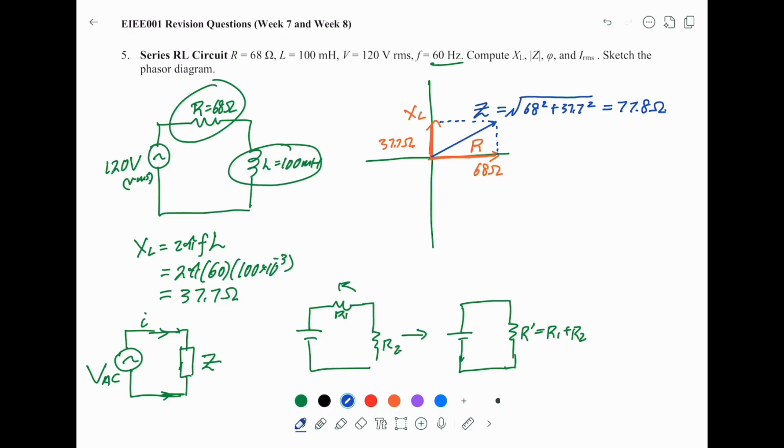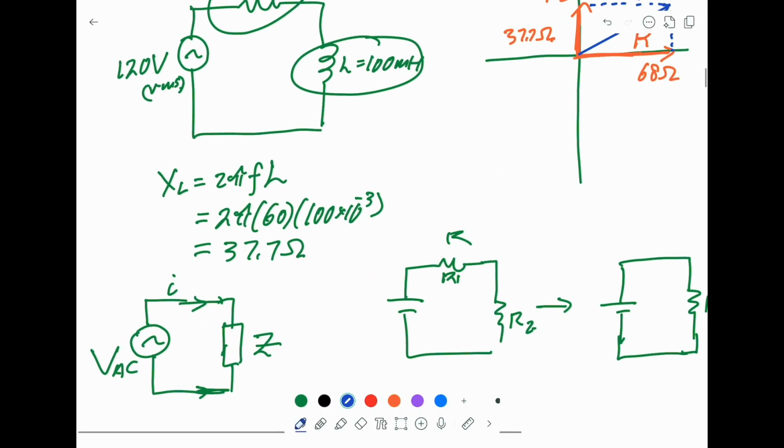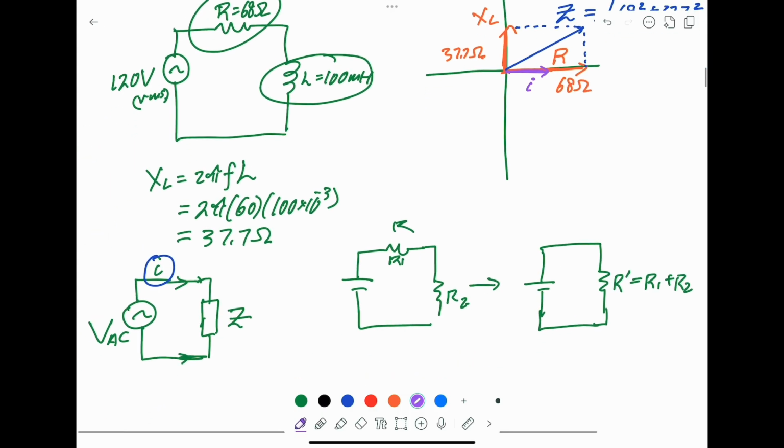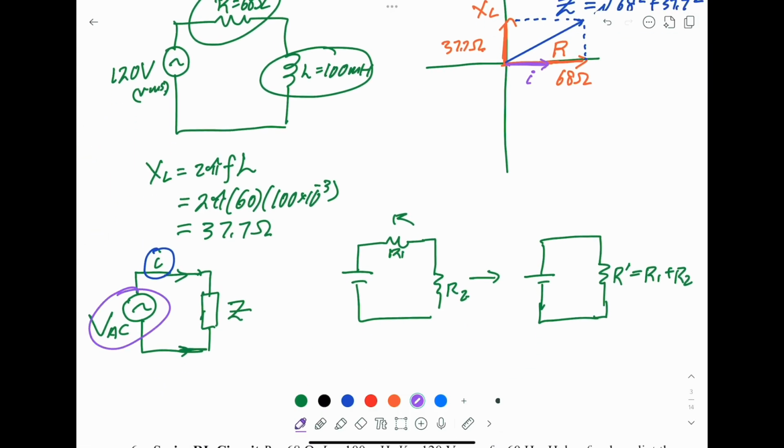So what I mean is, the current will be along the R for sure, because they're all in phase. Remember, this is the characteristic of a resistor. The current, the voltage, and the resistance are all in phase. They're all along the x-axis. But your source, this time, is actually out of phase.